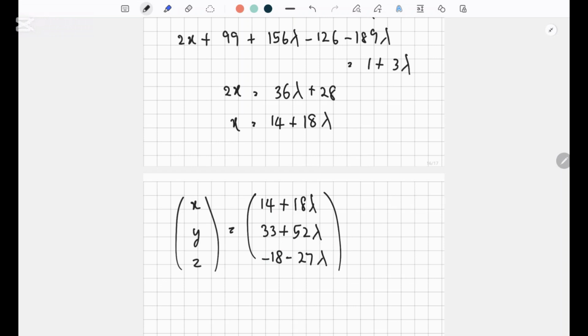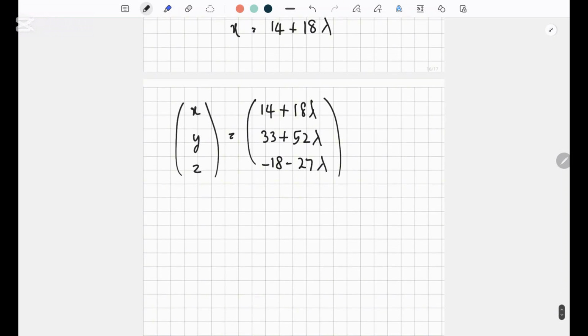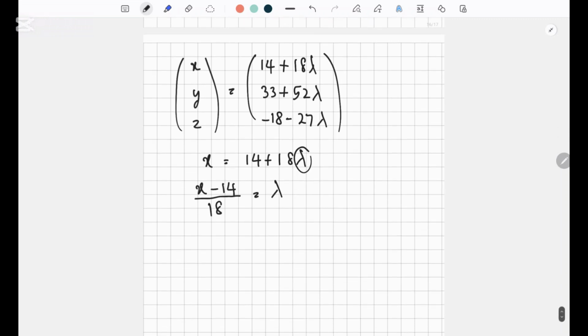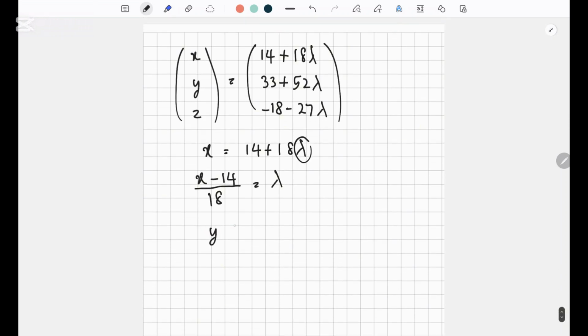But this is not your final answer. So now you write x equals 14 plus 18 lambda. Now you make lambda the subject. So x minus 14 divided by 18 equals lambda. Okay? And y equals 33 plus 52 lambda. So that's y minus 33 divided by 52 equals lambda.